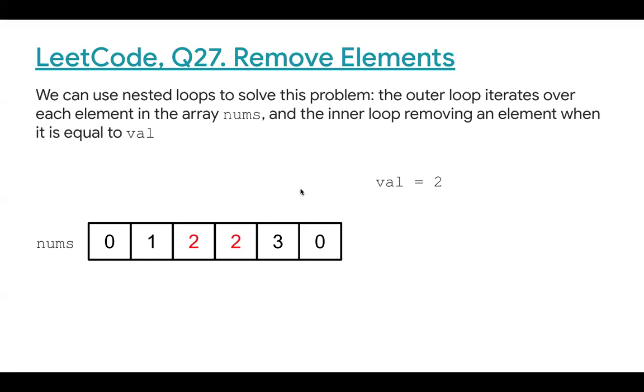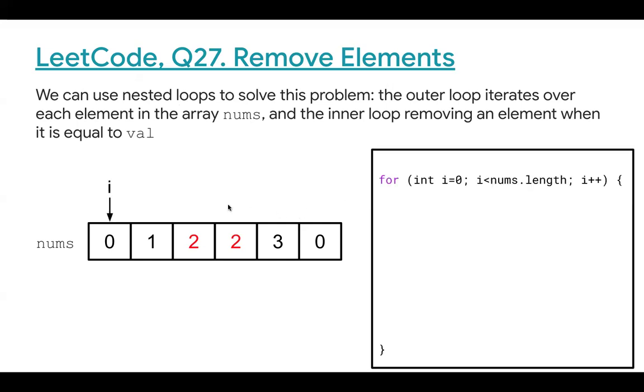So I'm going to use this example given in the problem description when I show you the solution code. First, let's write a loop to iterate over all the elements in this array, right? So here I use a for loop. If you want, you can use a while loop. It's the same.